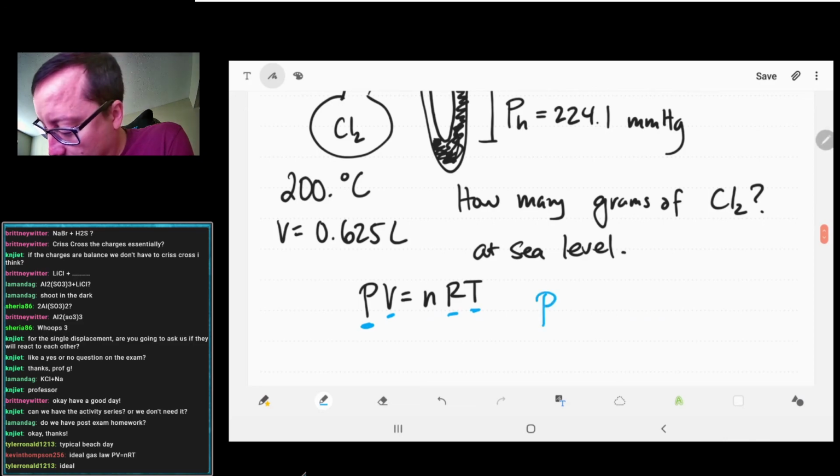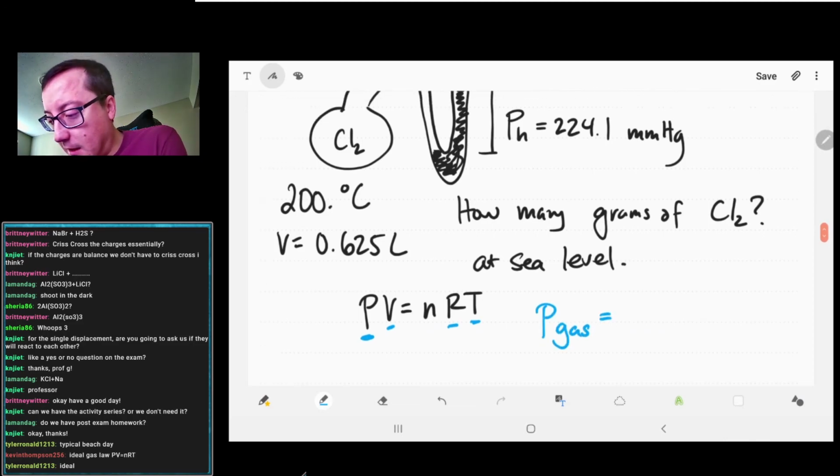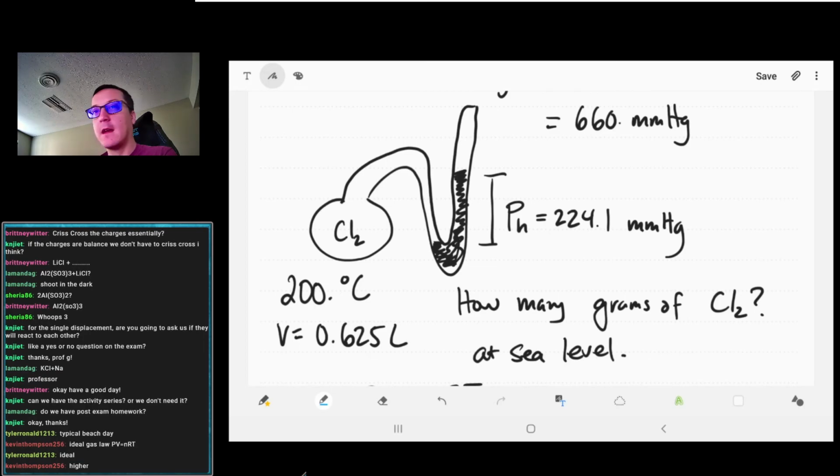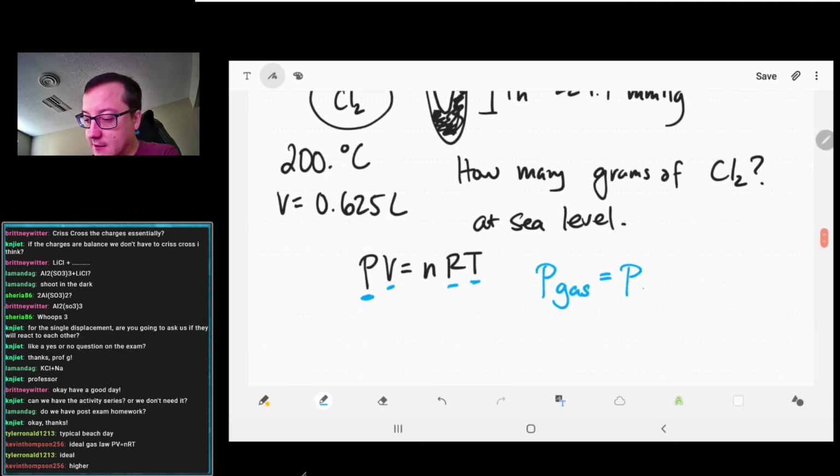So the pressure of the gas, in this case: is our gas pressure higher or lower than atmospheric pressure? Yeah, our gas pressure is higher, right? It's pushing down on that mercury more. It's got a stronger force. So that tells us we're going to be adding the height of our tube to the atmospheric pressure.